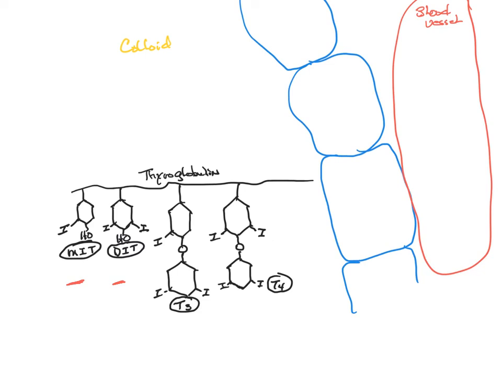But as large as that molecule is, that's not going to be able to get out of the cell and into the bloodstream. And so what happens is it goes back in, this is our old friend, the follicular cell over here. And what's going to happen is this is going to go into the follicular cell. And when it does that, inside the follicular cell, there are lysosomes.